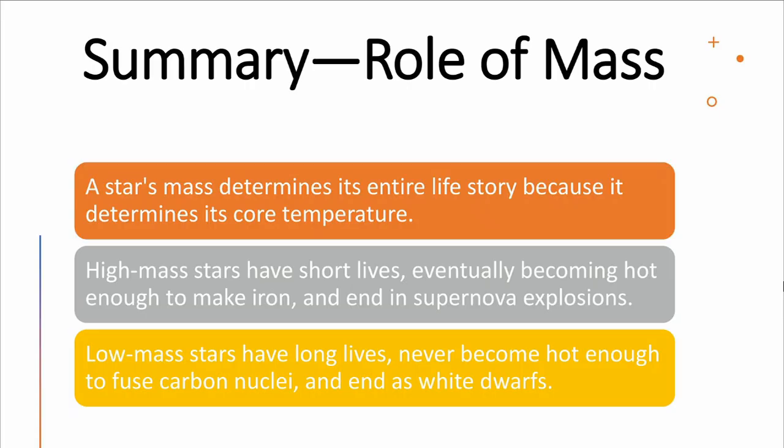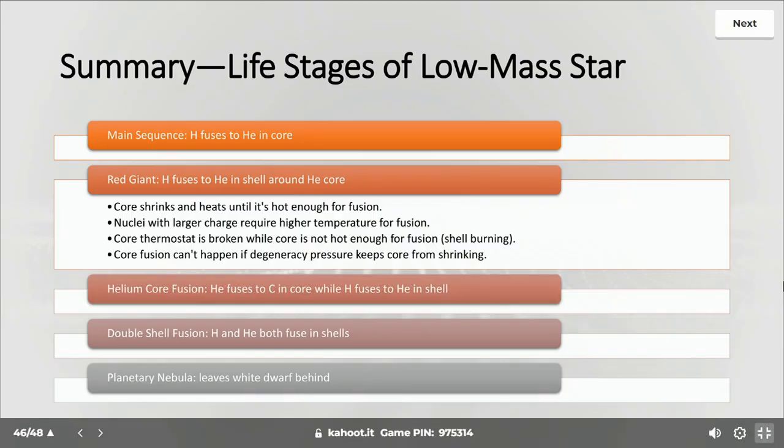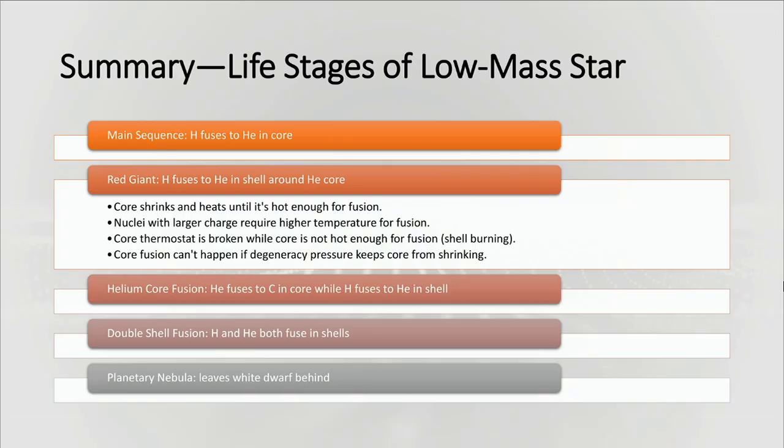The low mass stars live much longer, and they never become hot enough to make it past carbon fusion, and they'll be left with a carbon nucleus in the core of their star, and when they blow themselves apart, what'll be left is a white dwarf. And so the summary of the low mass star: hydrogen and helium in the core on the main sequence.